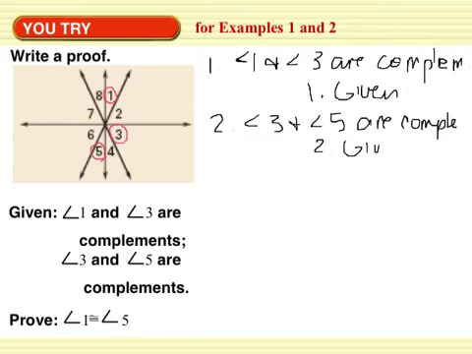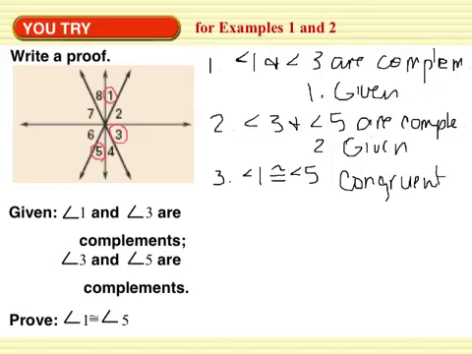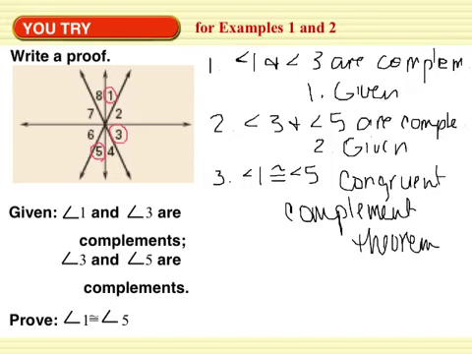And that is given. Let's see, we know that angle 1 is congruent to angle 5, by the congruent complements theorem. That would be number 3. And that's it, really. Okay, we're just going through an exercise.